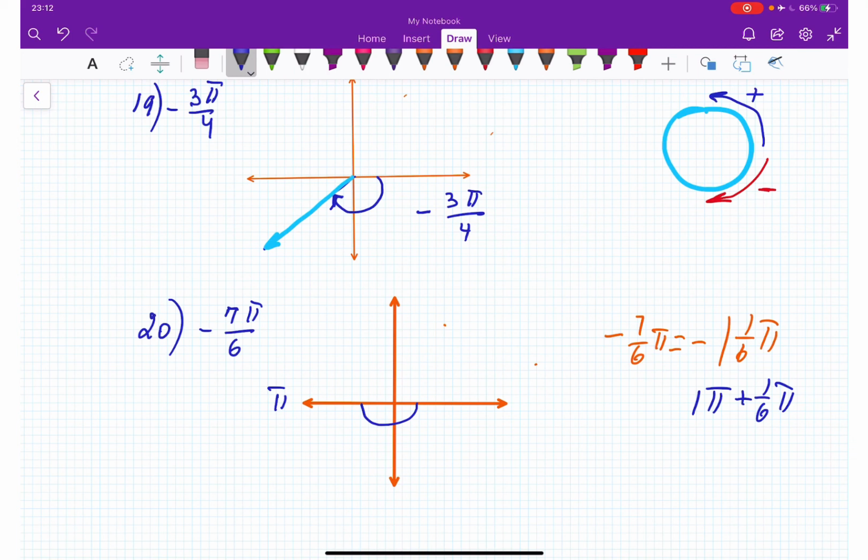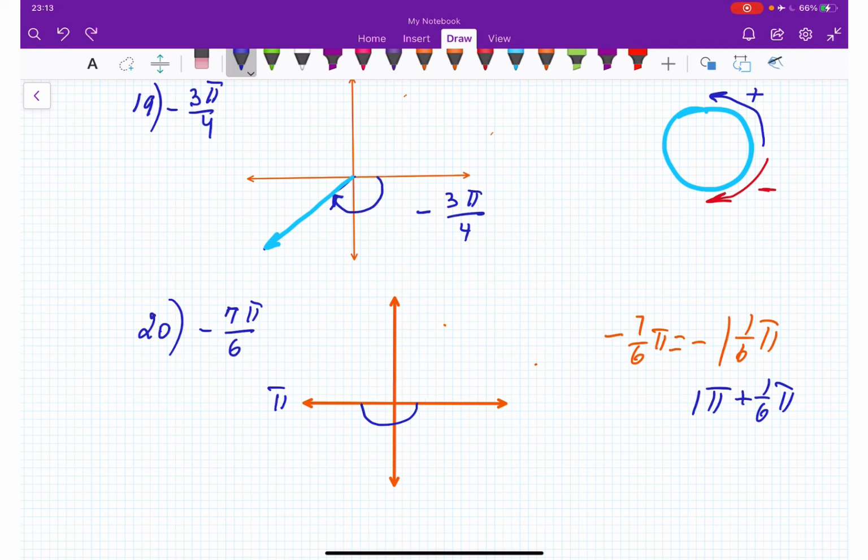And then let's count 1 over 6. Since we have 1 over 6 of a whole pi, this pi that I'm going to go this way, I'm going to break into 6 pieces and pick only 1. So divide by 6 pieces. Each quadrant, this and this, is 90 degrees, I'm going to divide by 3. So total will be 6.